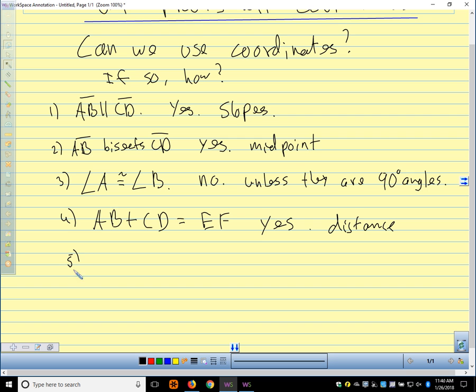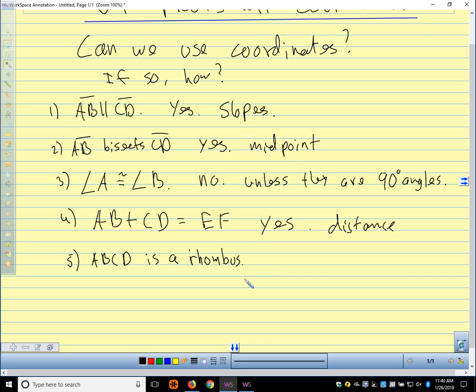How about ABCD is a rhombus? We want to use coordinates to decide if this quadrilateral is a rhombus. That's something that we could use coordinates for? What's that? We could see if the diagonals bisected each other. That would tell us it's a parallelogram at least.